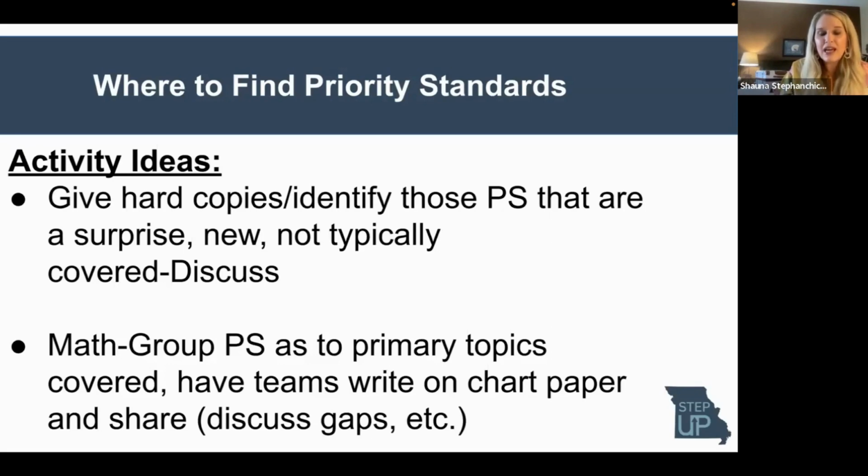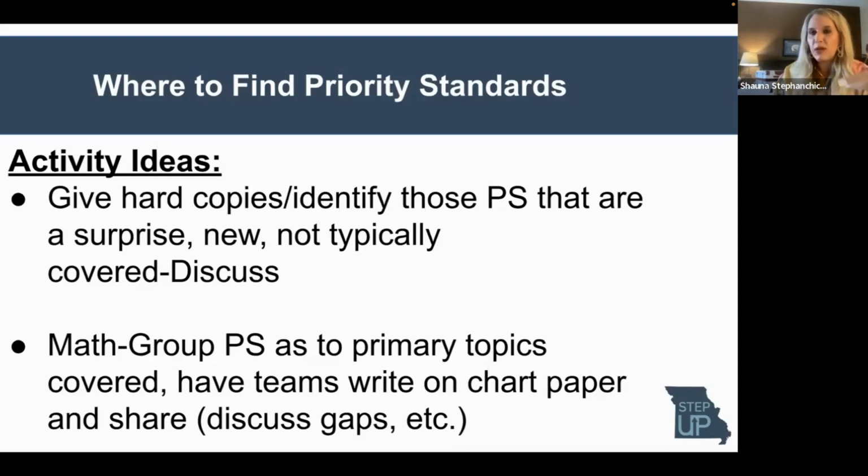And with math, a great activity I love to do is have them look at their priority standards. There are very much some big topics in math, like fractions in fourth grade. You better like fractions because it's happening there. But what we do with them is have them take a look and write on chart paper, what are the big measurement topics?